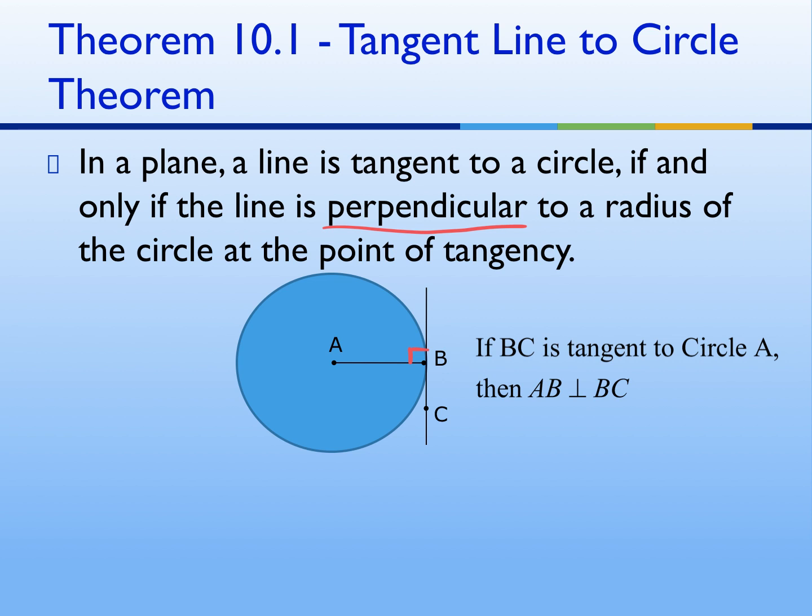Now, it is an if and only if statement. That means it works both ways. So if you know it's perpendicular, it has to be a tangent. If you know that it's a radius and a tangent line, then you know it must be perpendicular. Okay?